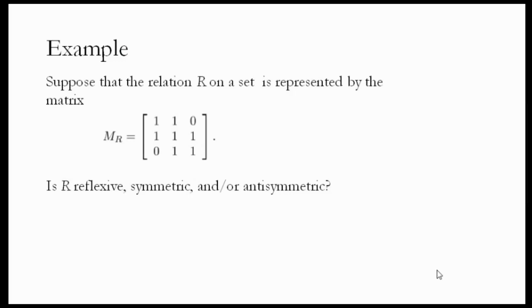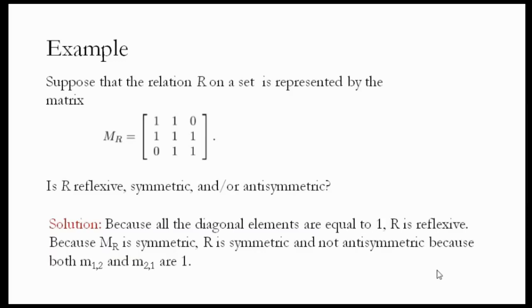Can you say whether it is reflexive or antisymmetric or both? This is a reflexive matrix, but not antisymmetric. Because all diagonal elements are equal to 1, R is reflexive. R is symmetric and not antisymmetric because M12 and M21 are 1.